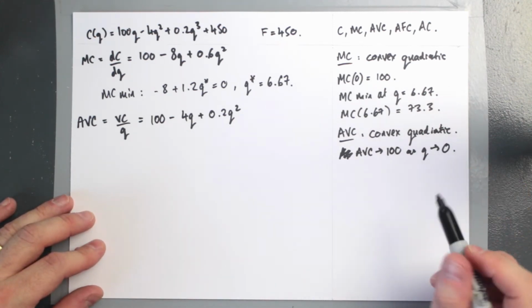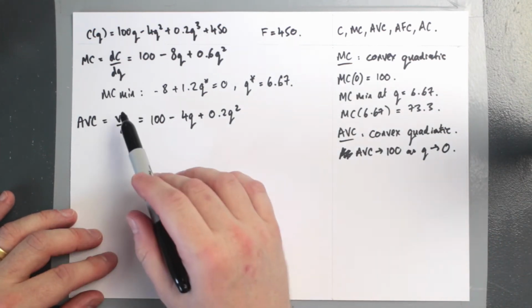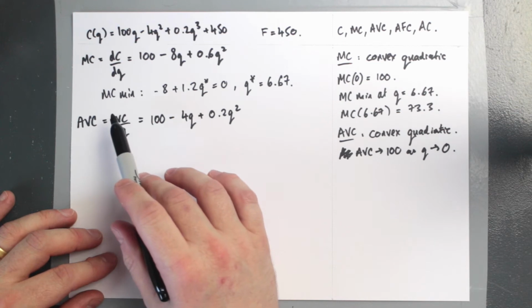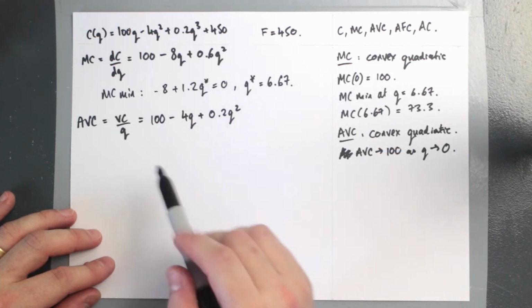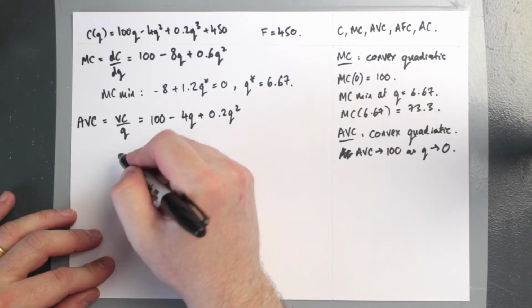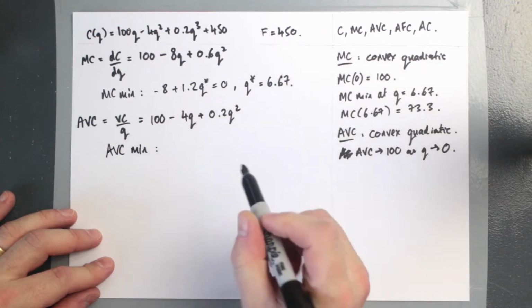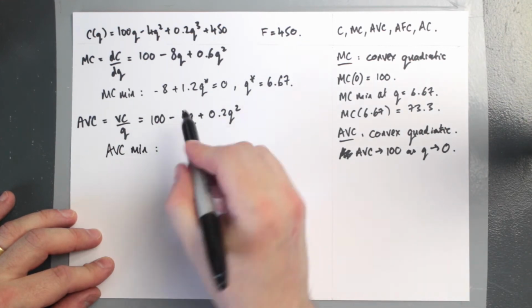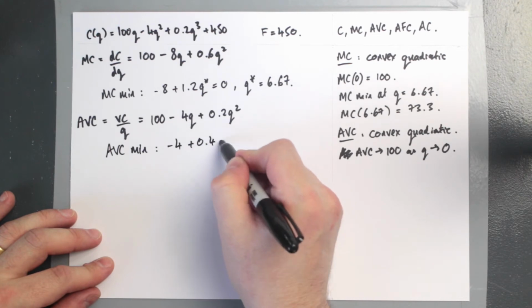Okay, what about its minimum value? It's a convex quadratic. When it intercepts the vertical axis, it's close to 100, and then it comes down and then increases again. So where does that minimum occur? So if I differentiate this, I will get minus 4 plus 0.4q.